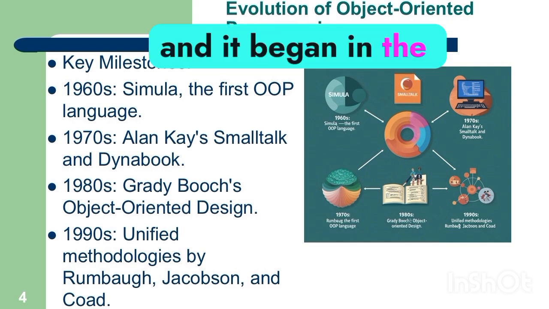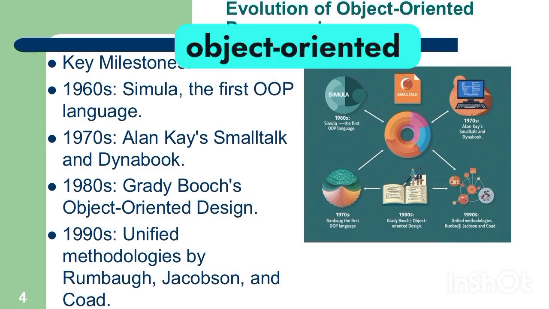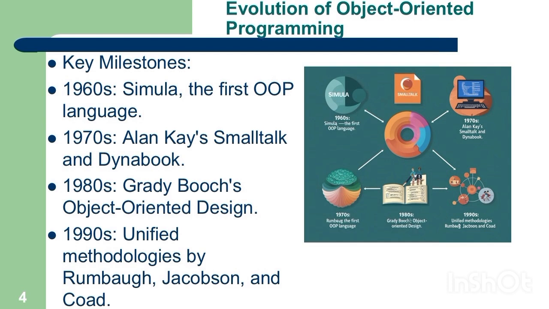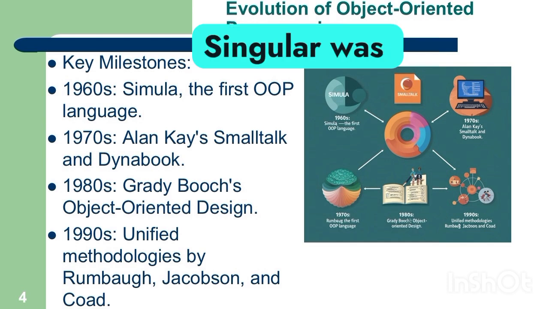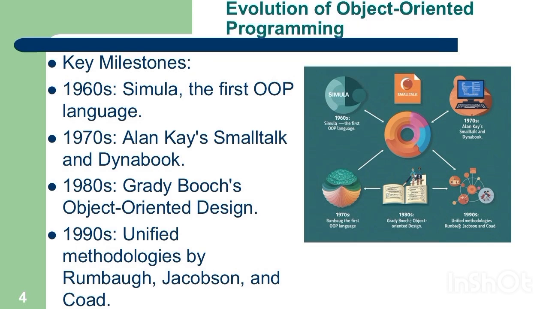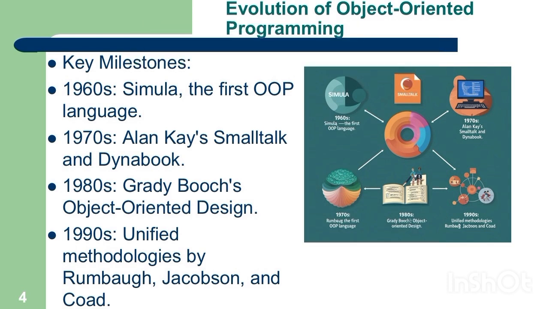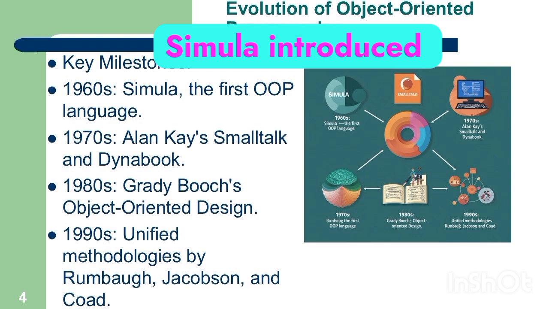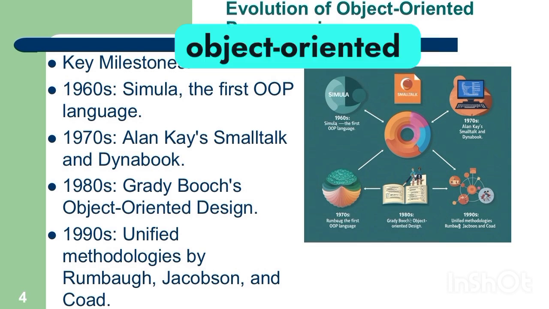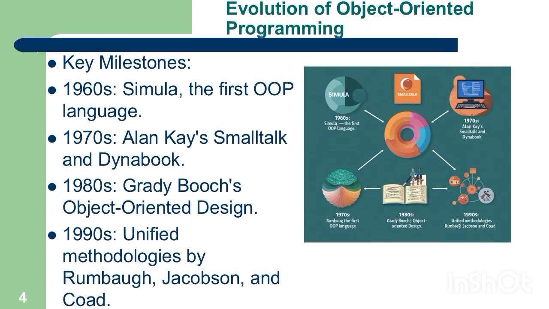And it began in the 1960s. The first object-oriented programming language, which is named Simula, was developed in 1967 by a researcher at the Norwegian Computing Center. Simula introduced foundational object-oriented concepts such as classes and objects.